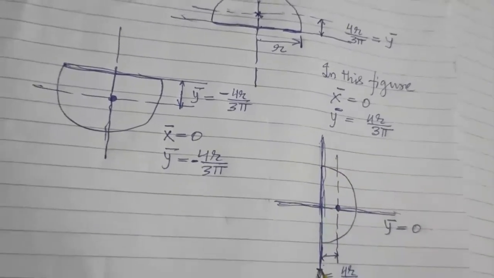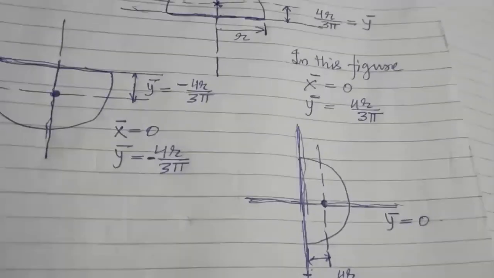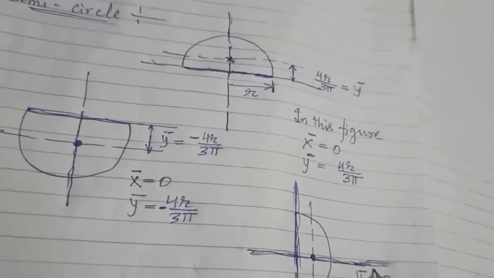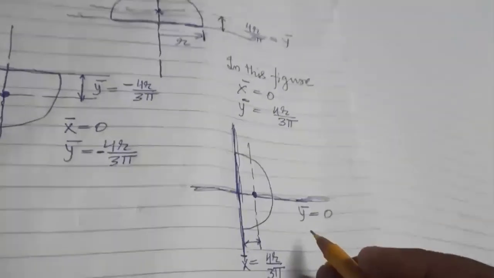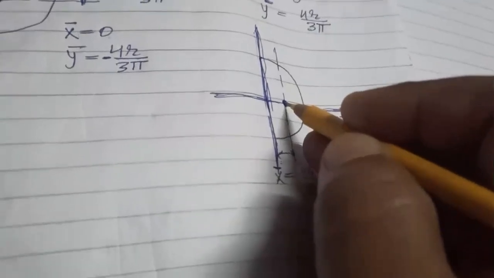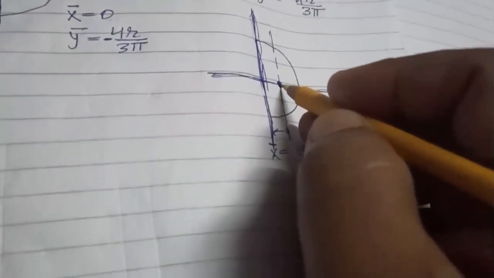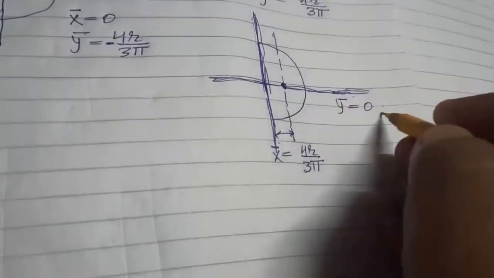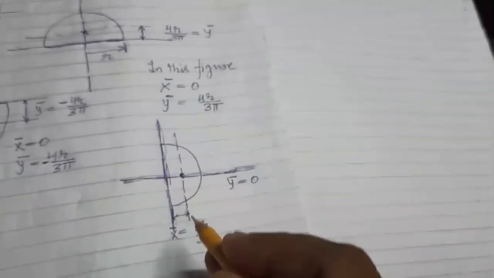So from the y-axis, x bar will be the distance, and from the x-axis, y bar will be the distance. This one is the centroid. From the x-axis, 0 is the distance, so y bar is 0. And from the y-axis, x bar is 4r by 3 pi.